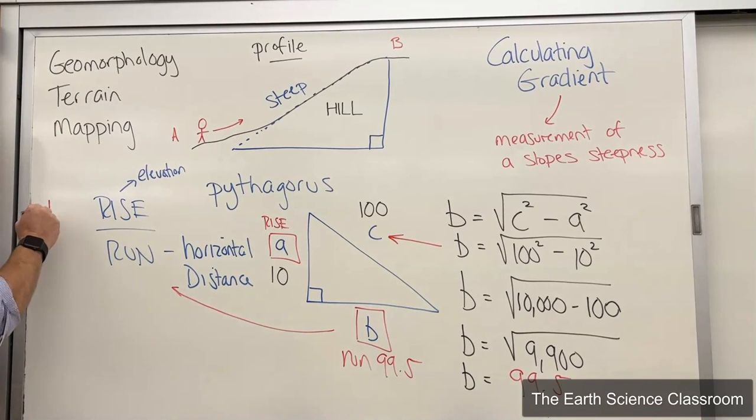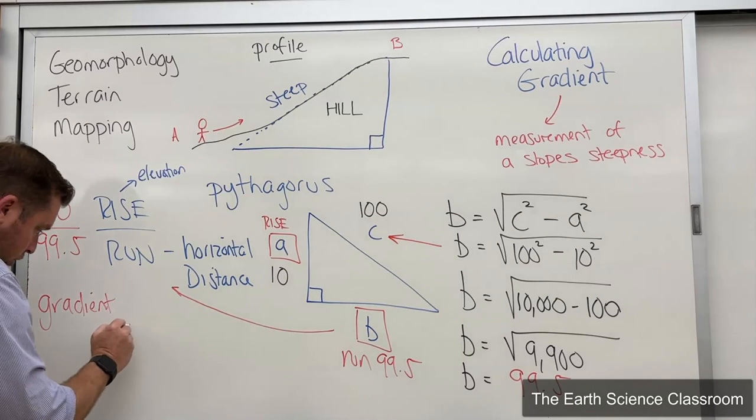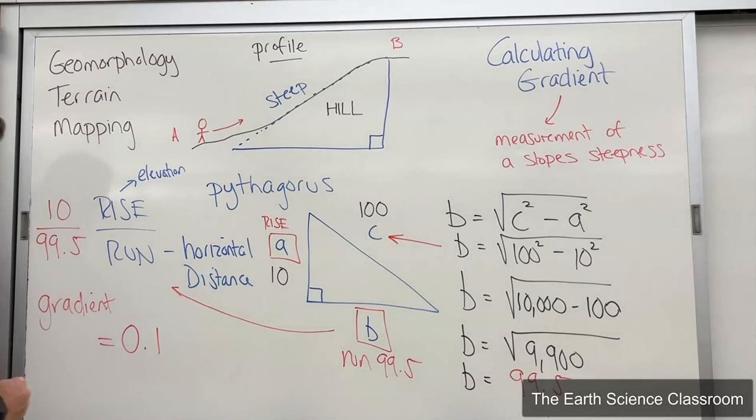So rise was 10 over 99.5. The gradient is going to be a decimal, rounded to 0.1.